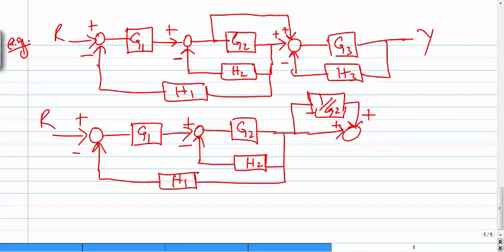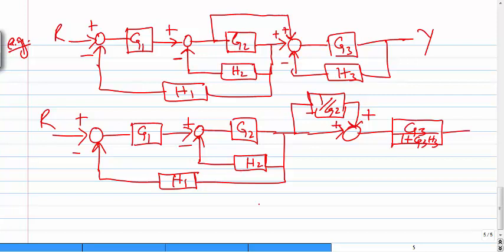Now after this, it is a very simple feedback one. We can solve it as G3 divided by 1 plus G3H3. Now we can reduce this one as well. After that this is the feedback, then another feedback.